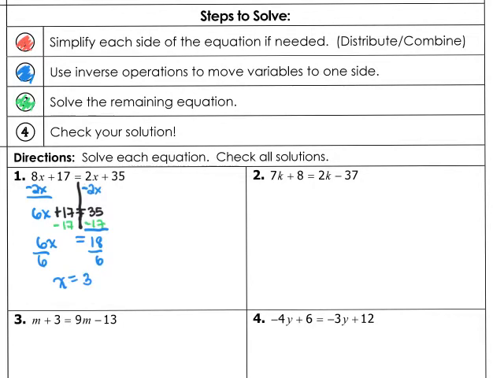Well, what does it mean that x is equal to 3? It means that we go back to the original equation, and every time we see an x, we're going to put in the number 3. Because we found that x is equal to 3.